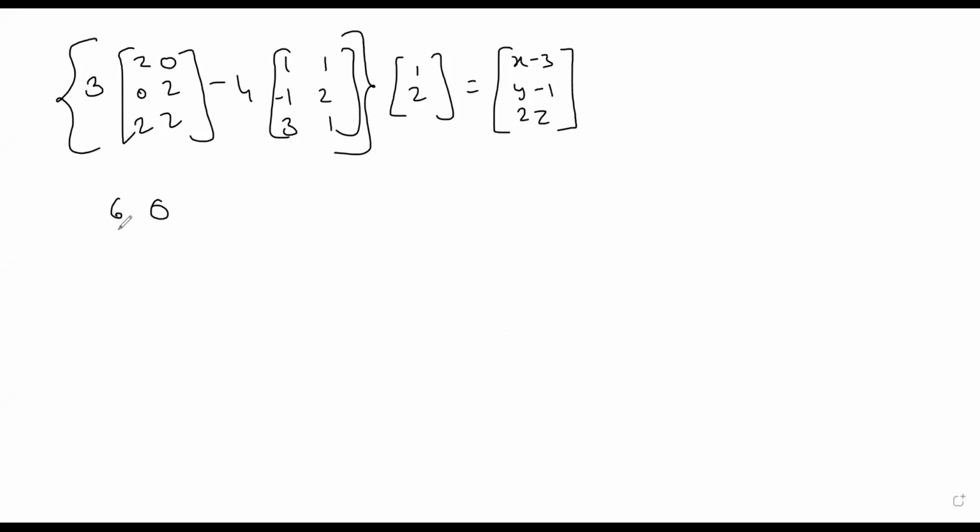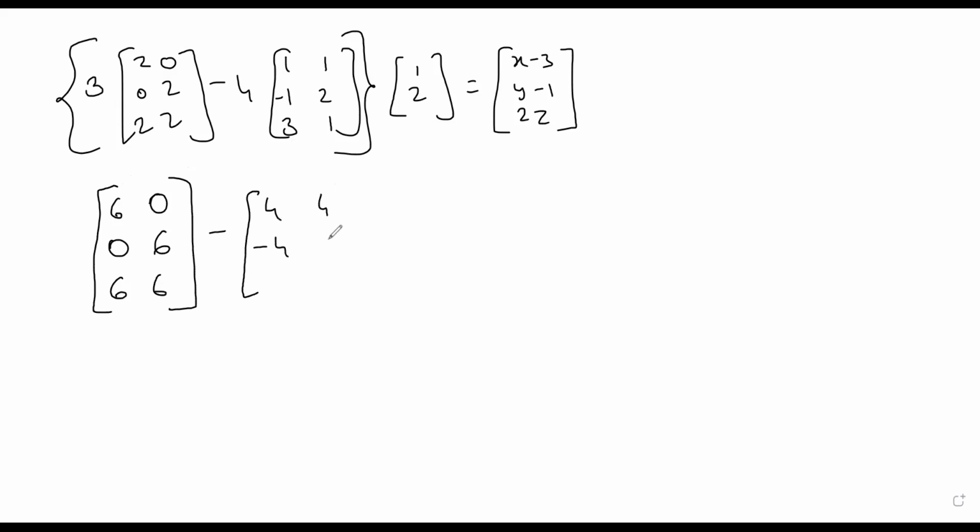So I'll multiply this 3 inside: 6, 0, 0, 6, 6, 6 minus 4 into bracket. So it will become 4, 4 minus 4, 8, 12, 4, and it is 1, 2.